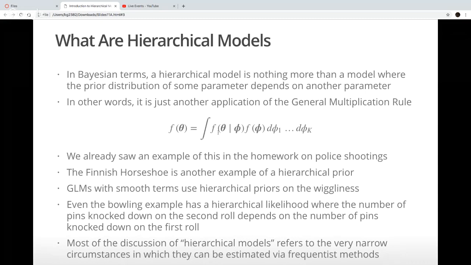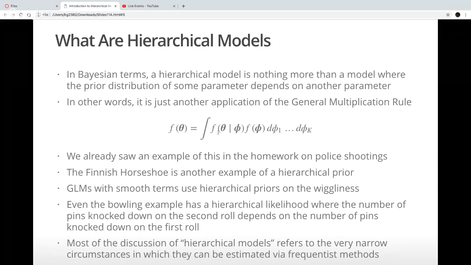Unfortunately, if you Google for hierarchical models or whatever, it's going to be overwhelmingly dominated by a discussion of hierarchical models from a frequentist perspective, which, if you interpret it strictly, has very narrow circumstances in which a hierarchical model would be applicable because they don't have priors.